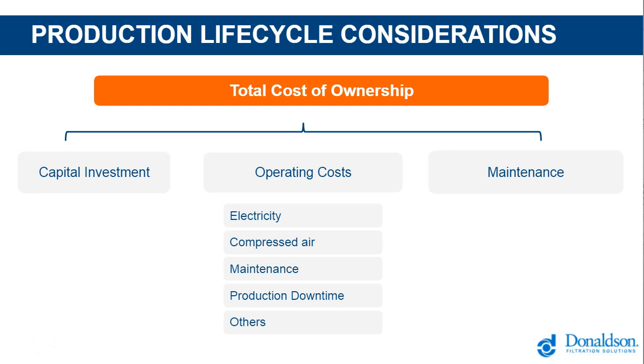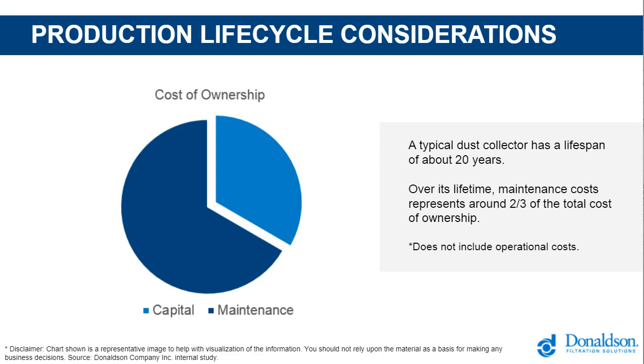And when we look at the production life cycle of a dust collecting system, without even considering the operation cost, the next chart shows you that over the full lifetime of a system, maintenance costs already represent 2/3 of your total cost. And when we talk about the lifetime of a system, I think you can imagine that a dust collecting system has a typical lifespan of around 20 years.